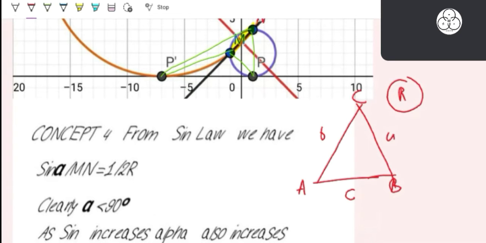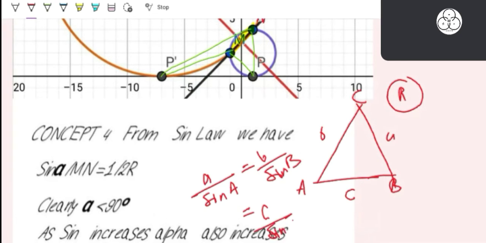We know that a over sin A equals b over sin B equals c over sin C equals 2R. And that's the thing that we have applied here.